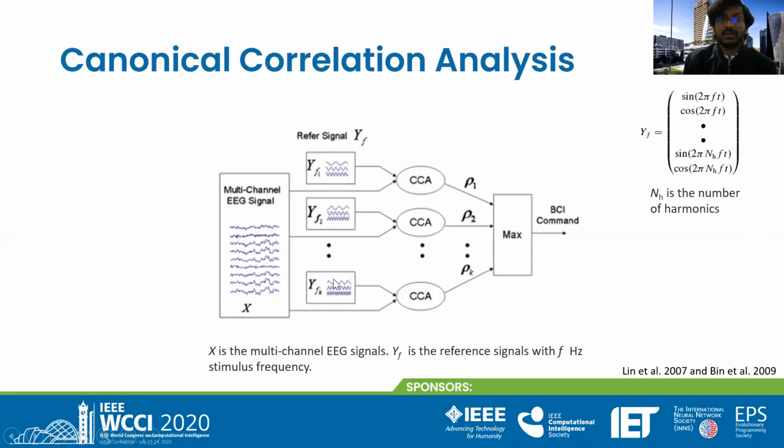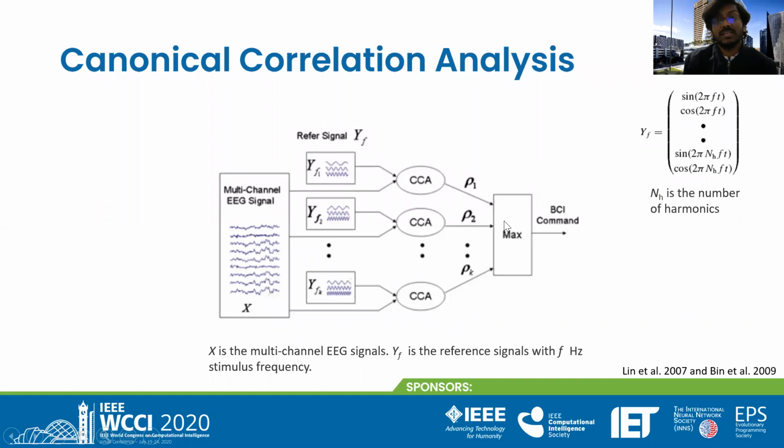We do this for all the presented frequencies. Let's say there are K presented frequencies, and find out which one is the maximum, or which one has the highest canonical correlation. Of course, this is the ideal condition.